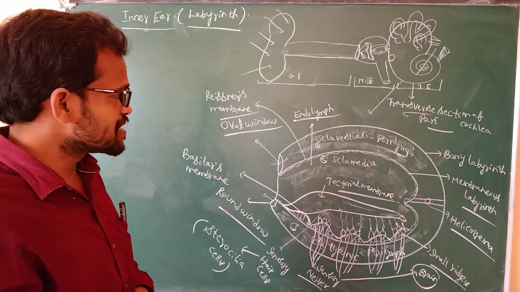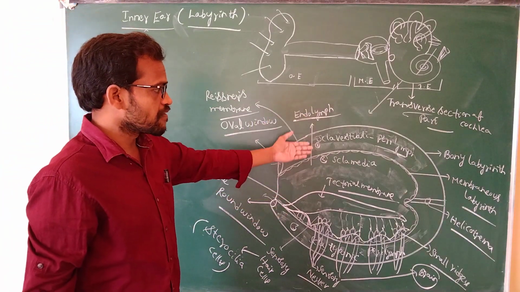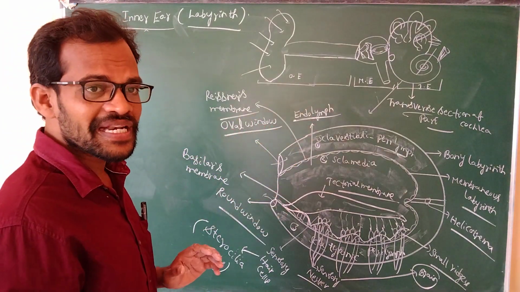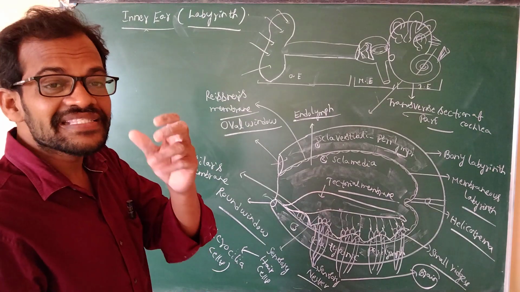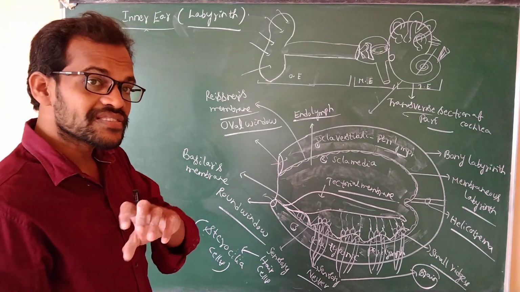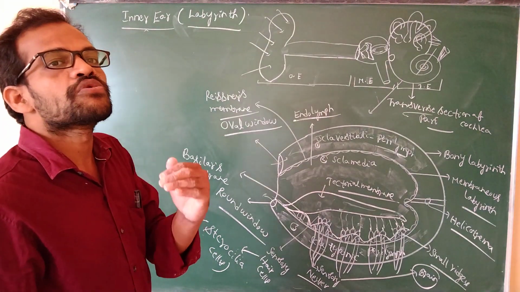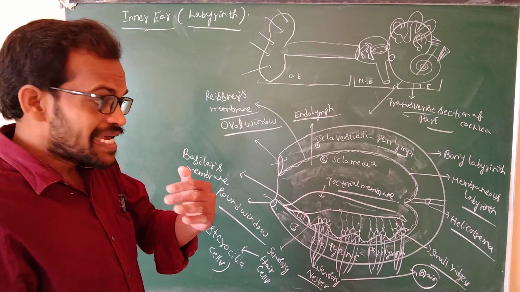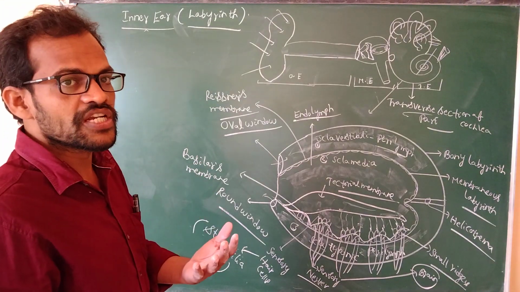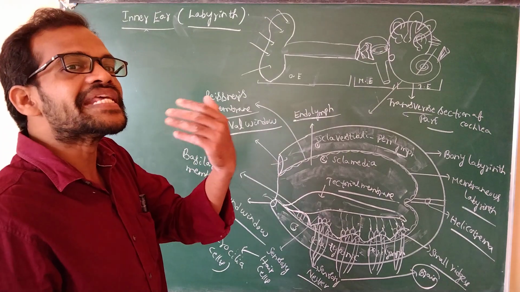The organ of Corti lies within the scala vestibuli, scala media and scala tympani. These are filled with sensory neurons, which receive the sound waves. The sound waves are transmitted and changed into the hearing mechanism.